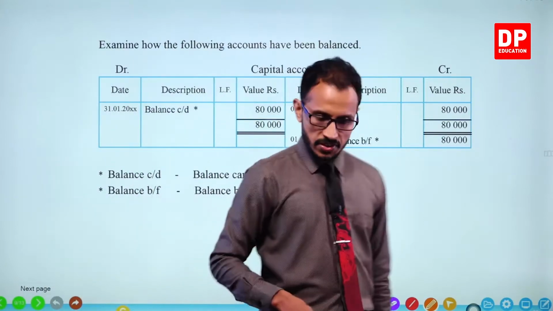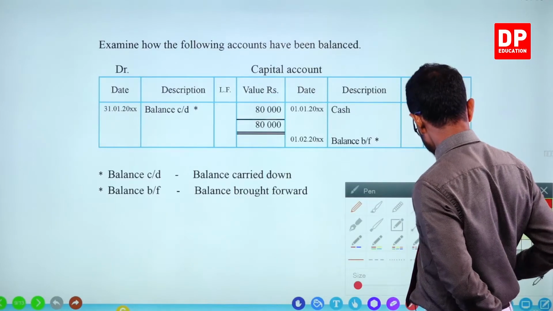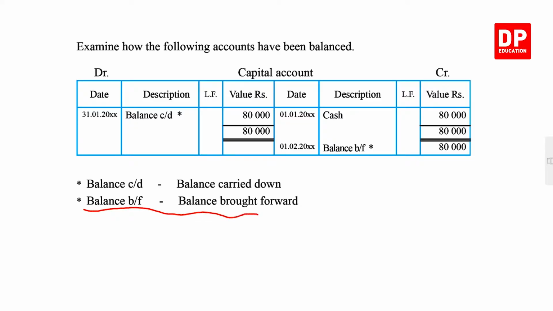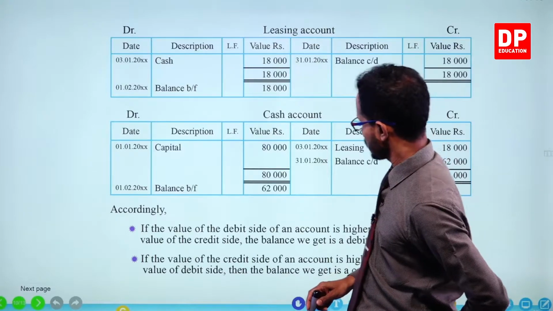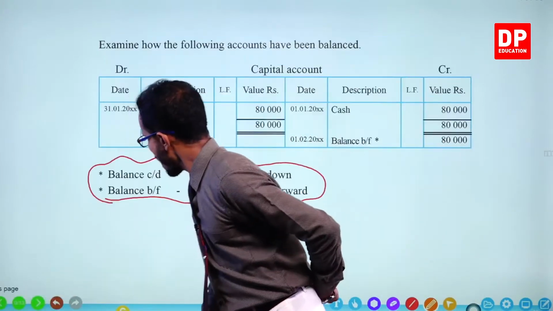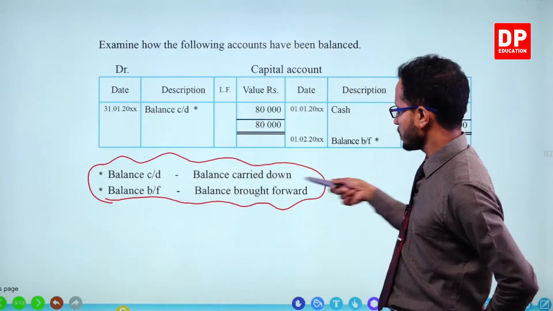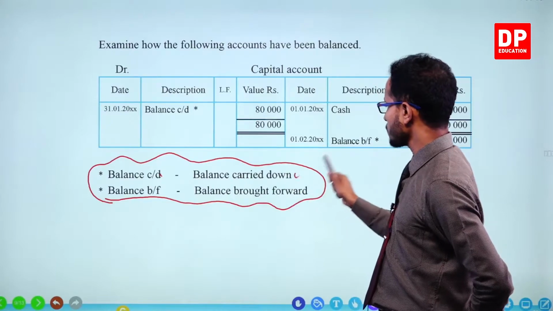They have given here, children, in the textbook. I took the part from page number 89 of your textbook, 89 or 90. They have given the meanings of balance CD. Balance CD means balance carried down.